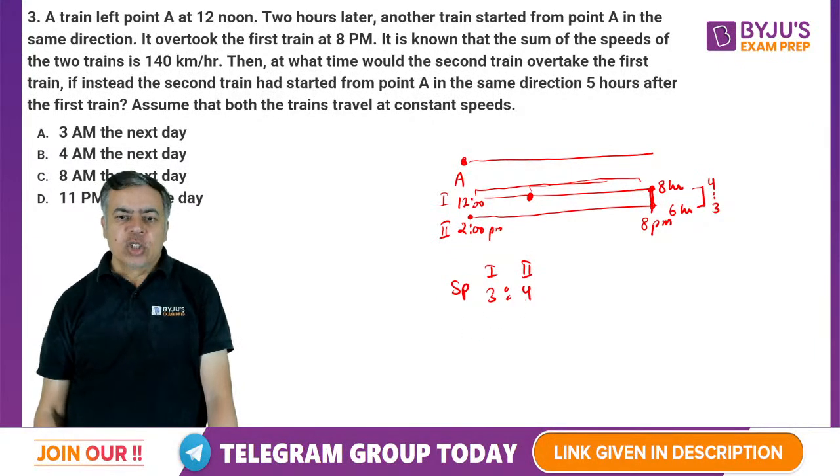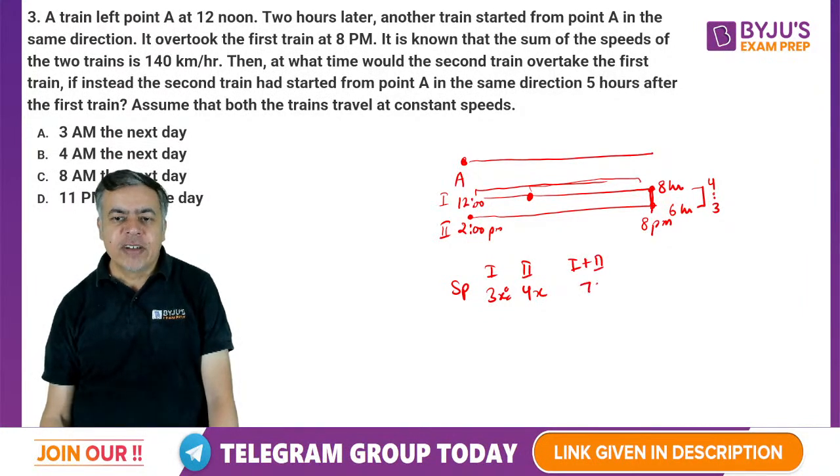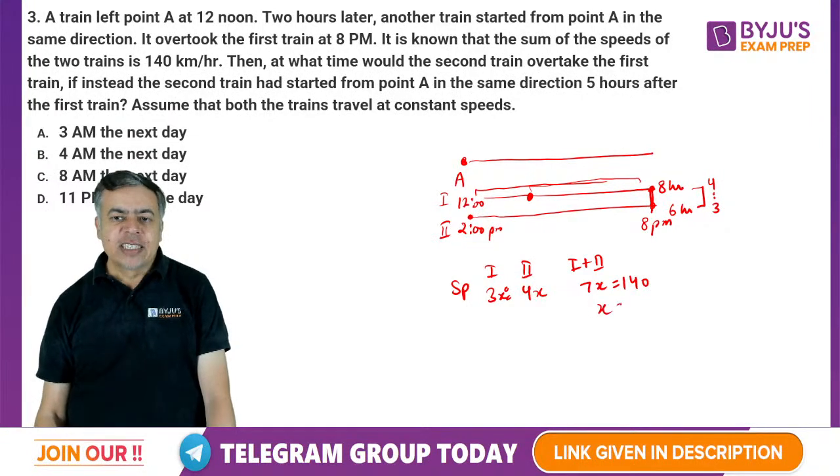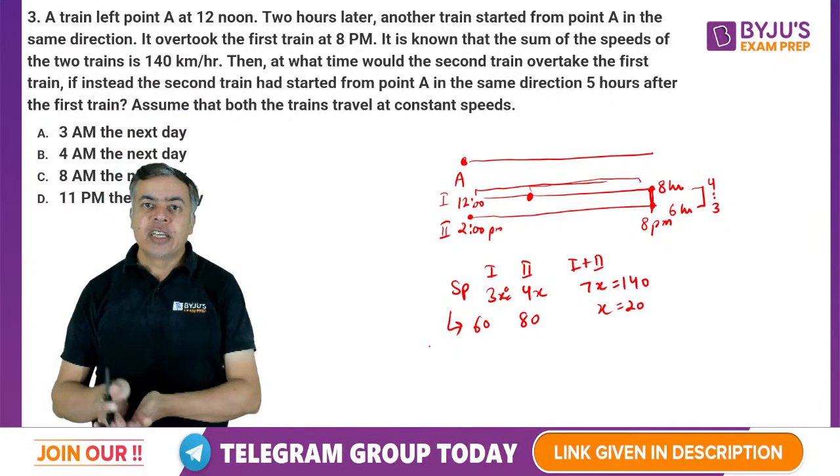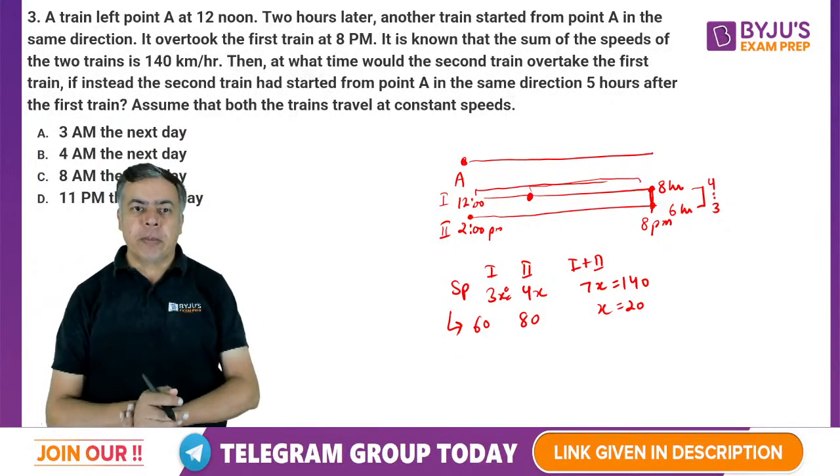If the speed of the first train is 3x, the speed of the second train is 4x, so the sum of the speeds must be 7x, which is given as 140 km per hour. So x is 20 km per hour. That means their actual speeds are 60 and 80 km per hour.